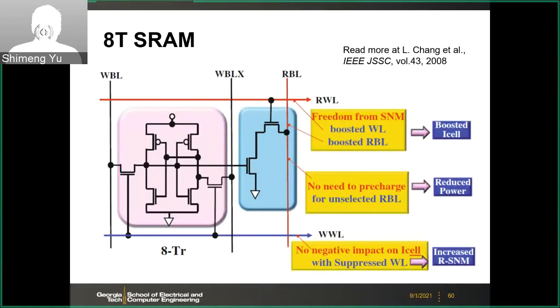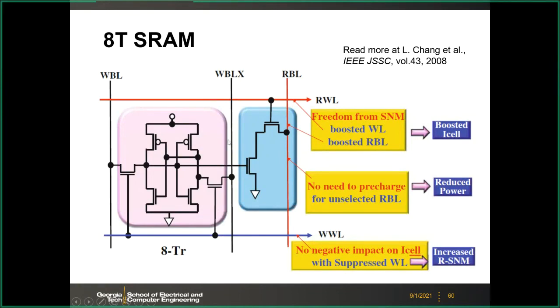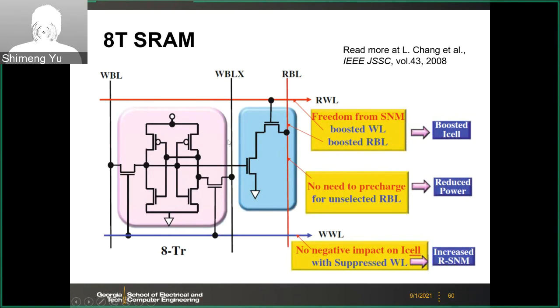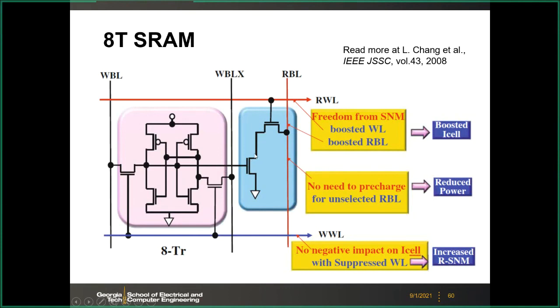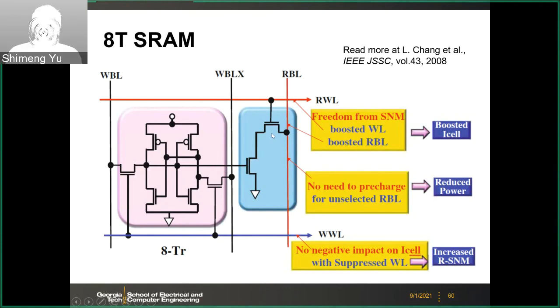And a few more words on the AT-SRAM cell. This is another approach to resolve the conflict between the read and the write. The idea is to add 2 additional transistors for the read path. The write operation is the same as before on this 6 transistor cell, but the read will be a separate path.